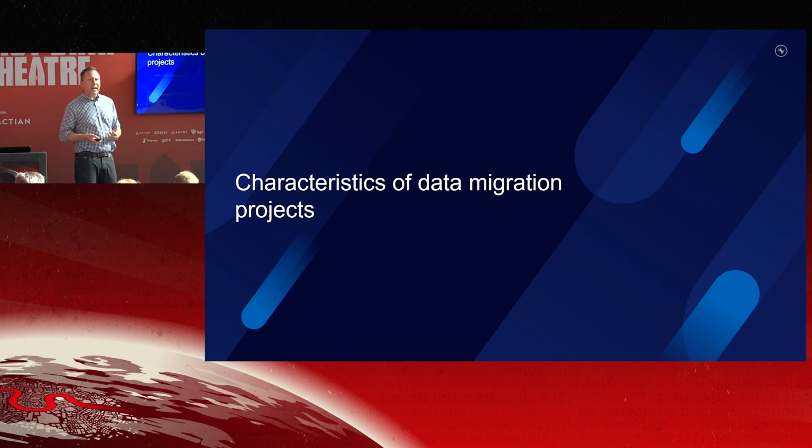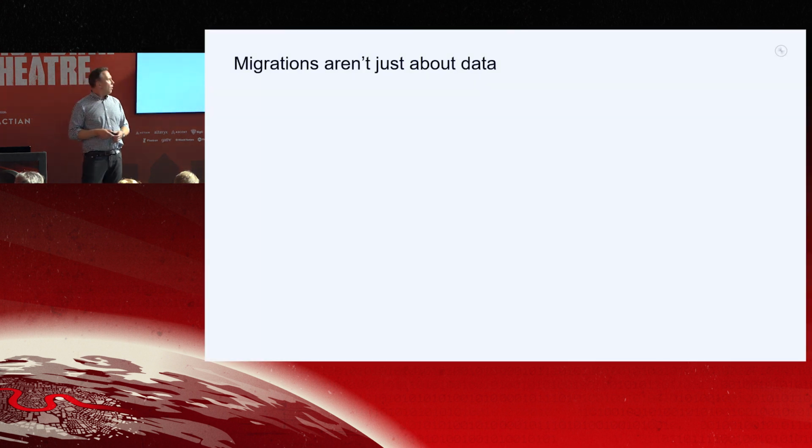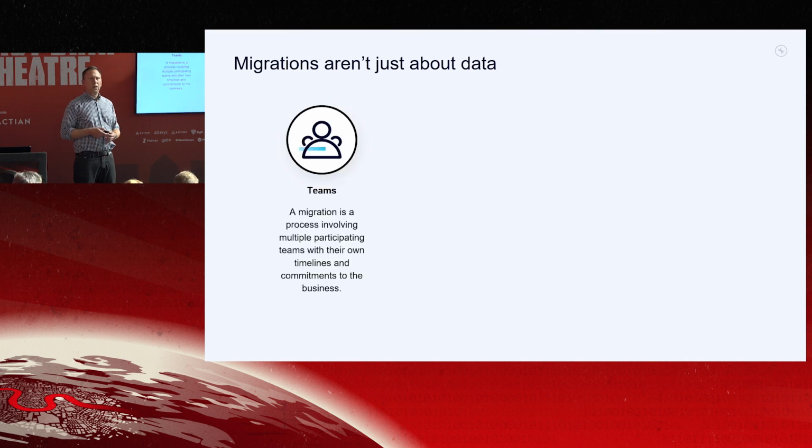So what are some of the characteristics of a data migration project? Well, one of the big truths about migrations is that they're not actually just about the data. You have to think about the teams that are involved in building the systems around the data itself, who are operating with it.